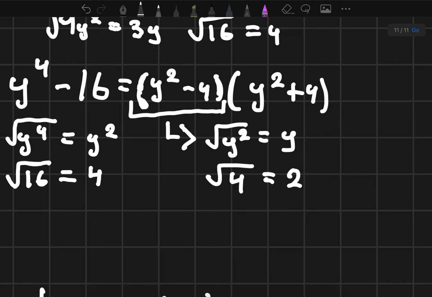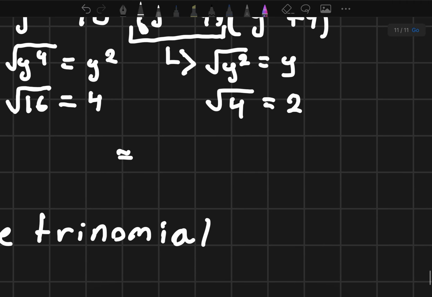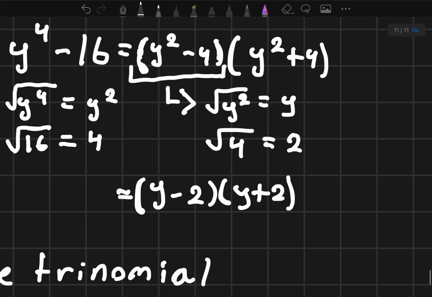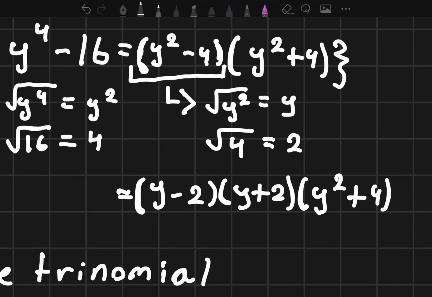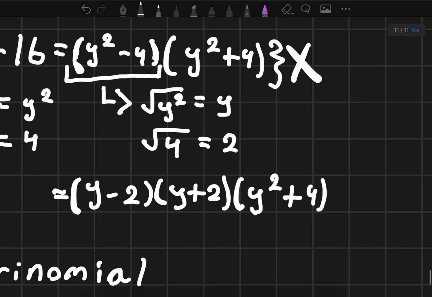So that would be equal to y minus 2 multiplied by y plus 2 multiplied by y squared plus 4. And this is not a difference of squares because you have a plus sign in the middle.